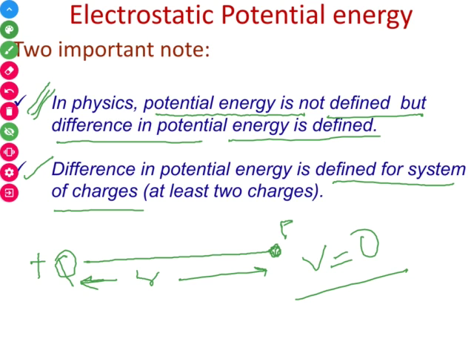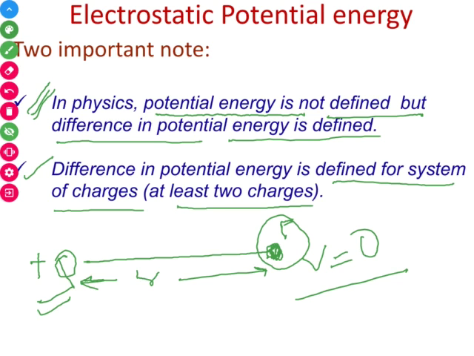Potential is defined for system of charge. At least two charges must be there, and there is only one charge. There is no charge here. So if I try to find out the potential at this point, I cannot find the potential.